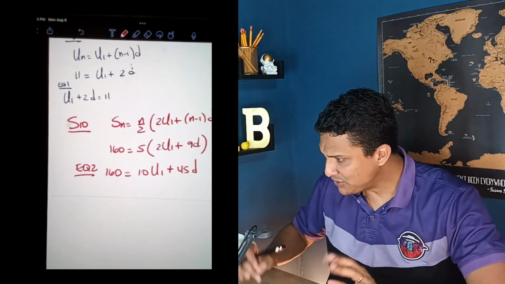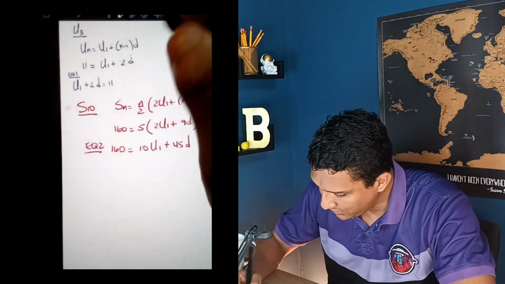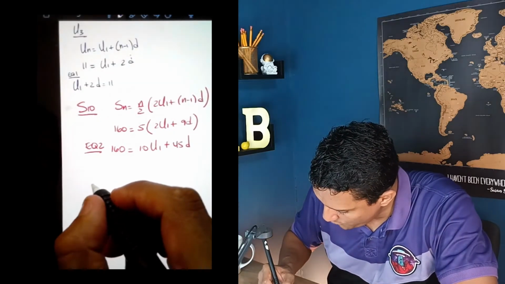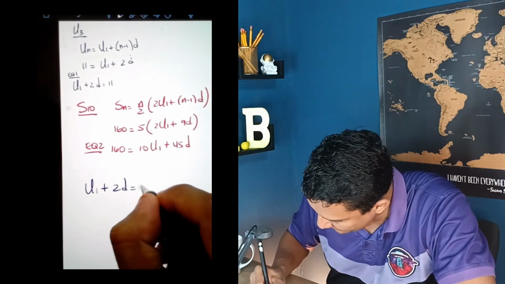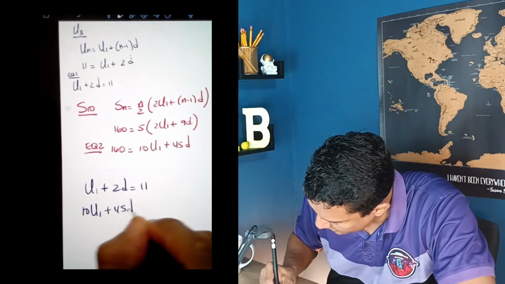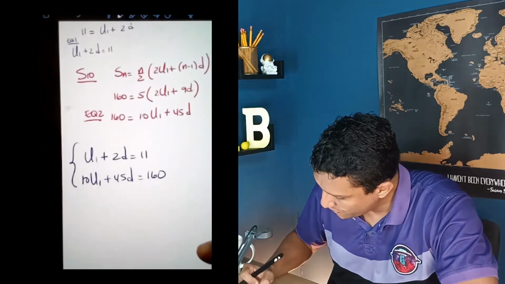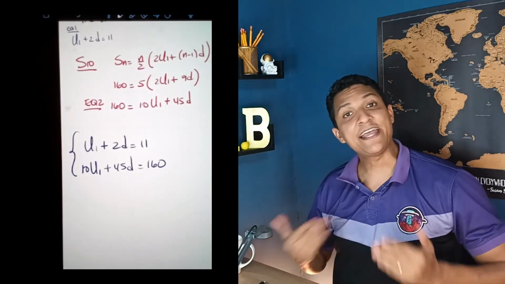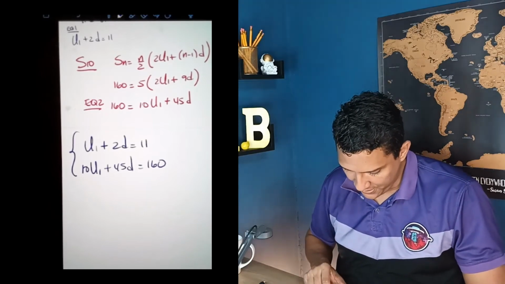Let me first arrange these two formulas so we are clear of what I'm going to be typing in my calculator. These are the two formulas that are going to form my set of simultaneous equations.